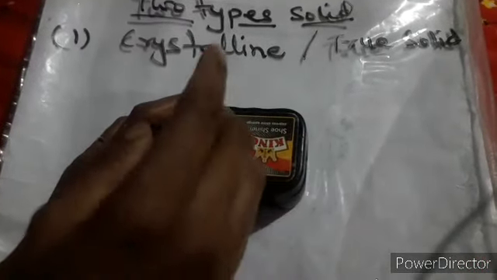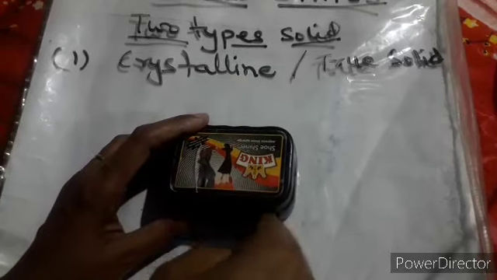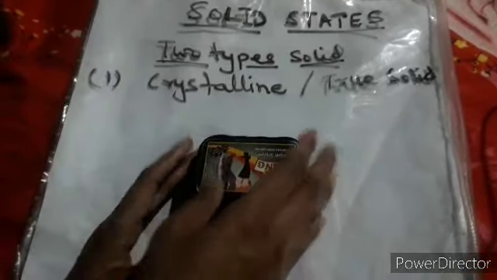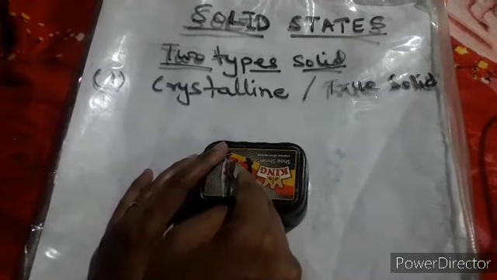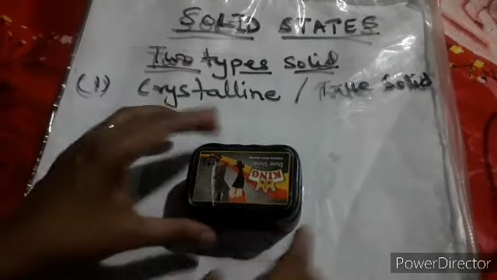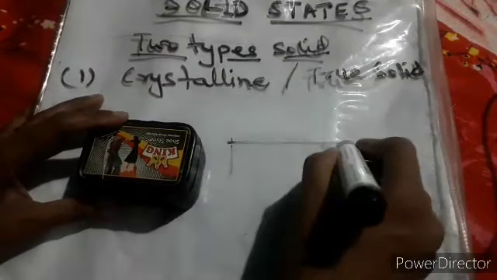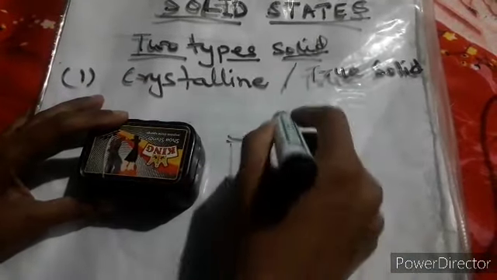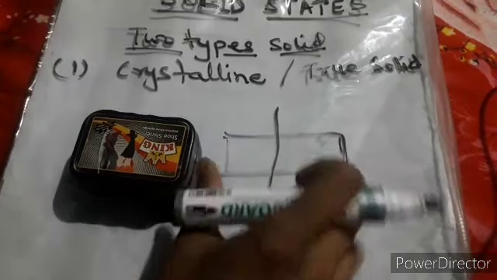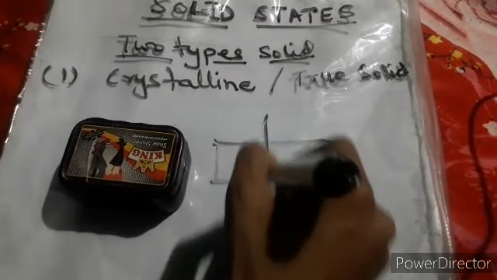Now what is cleavage? When you cut it with a knife, it cuts in a proper manner. Suppose I am cutting NaCl into two parts. It's not a matter of dividing into equal parts.